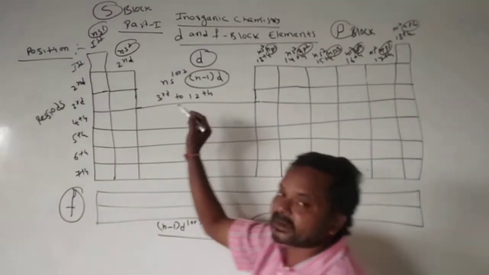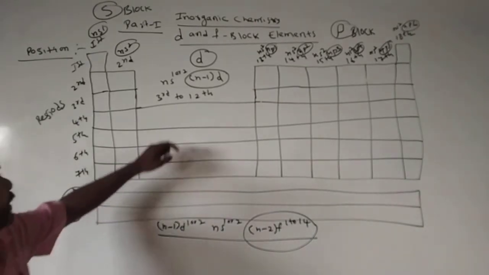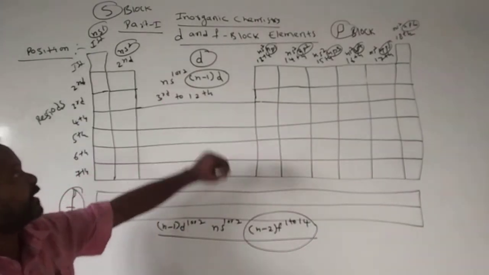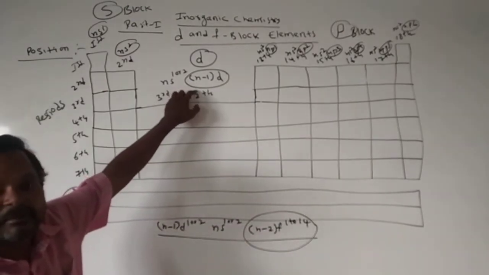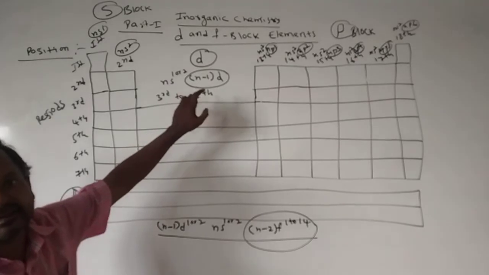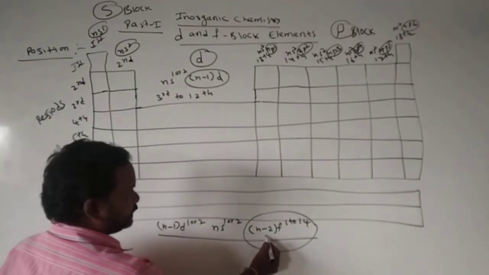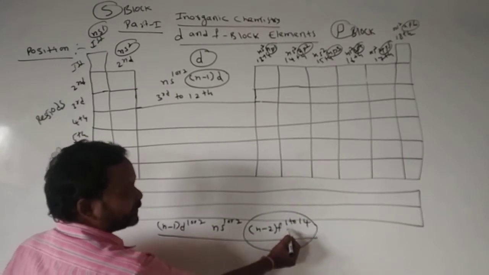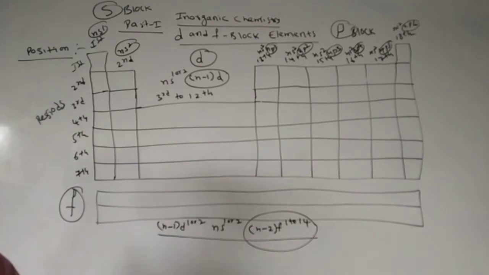Okay, the differentiating electron is the topic here: the definition of d-block elements and f-block elements. If the differentiating electron is present in the (n-1) d orbital, such elements belong to the d block. If the differentiating electron is present in the (n-2) f orbital, such elements belong to the f block.